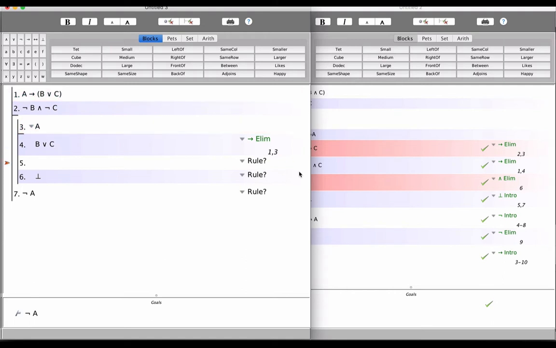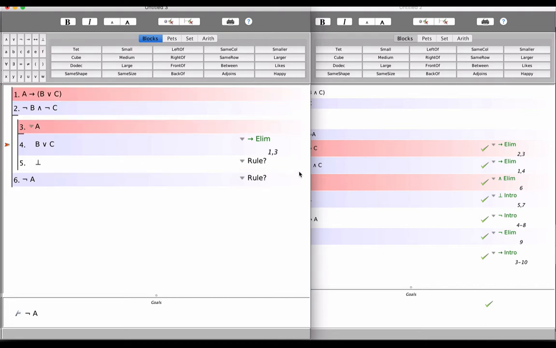Once you've got your disjunction, it should be clear that in order to generate your contradiction at line 6, you're going to need to eliminate your disjunction at line 4 and generate a contradiction for each side. So let me clean up the lines.